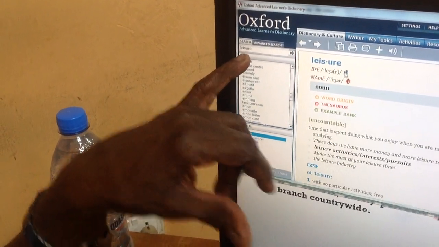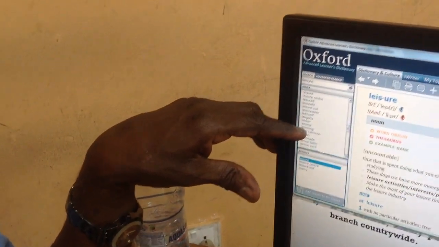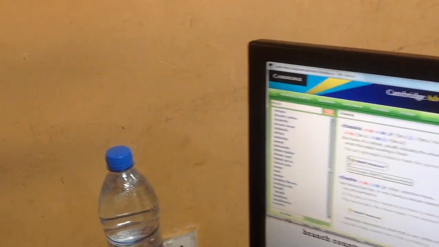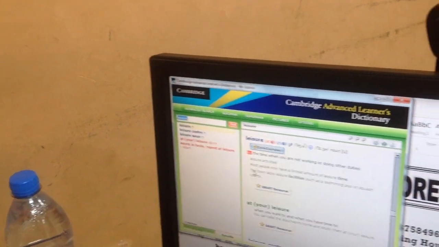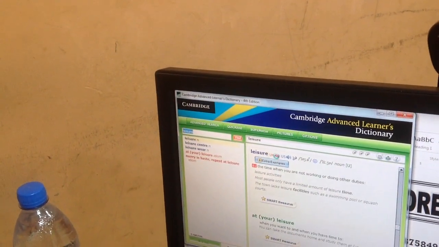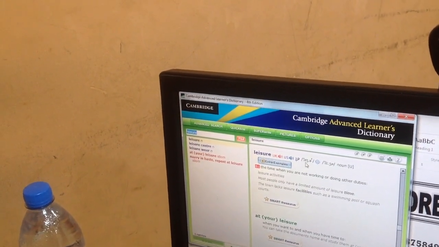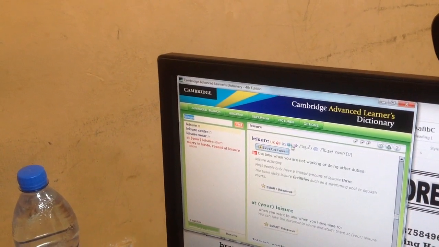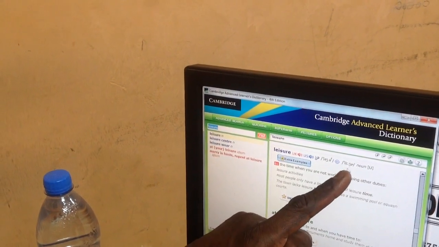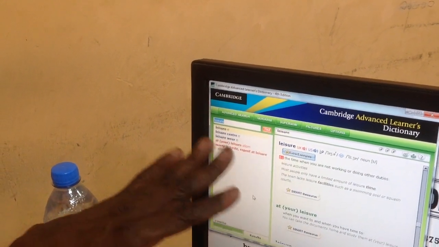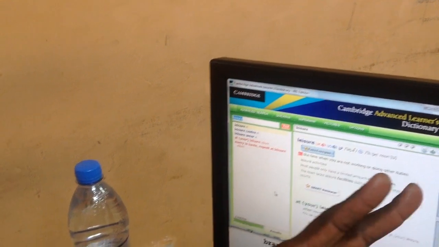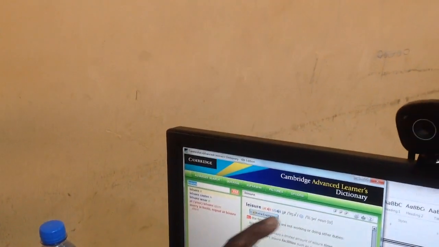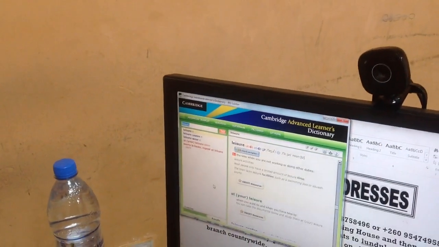Can we get something about Cambridge while we are there on leisure? Let's see what Cambridge would tell us. Okay, fine. So the two agree. In America it should be leisure, but in British RP, received pronunciation, the I is not to be pronounced.